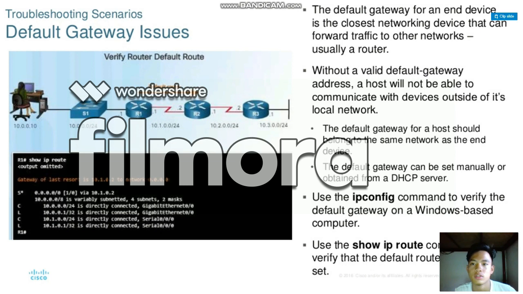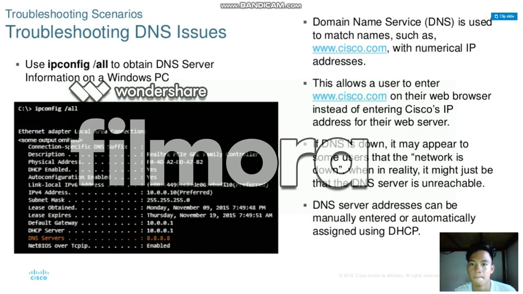Default gateway issues. The default gateway for an end device is the closest networking device that can forward traffic to other networks, usually a router. Without a valid default gateway address, a host will not be able to communicate with devices outside of its local network. So, troubleshooting DNS issues.